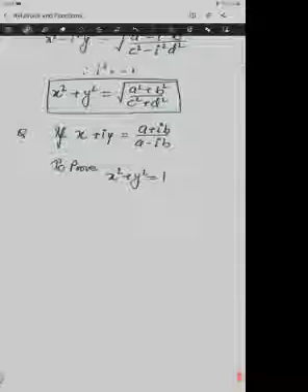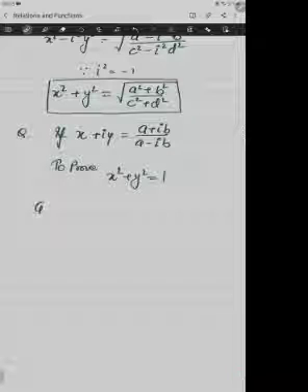Prabneet, given x plus iy equals a plus ib upon a minus ib, making mod on both the sides.